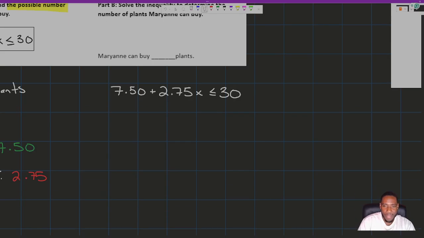We're going to start by drawing our line under the inequality sign, and we're going to get rid of that $7.50 first. Remember that you want to get rid of any terms you're not concerned with before you worry about the term that you do care about. So we're going to subtract $7.50 from both sides.